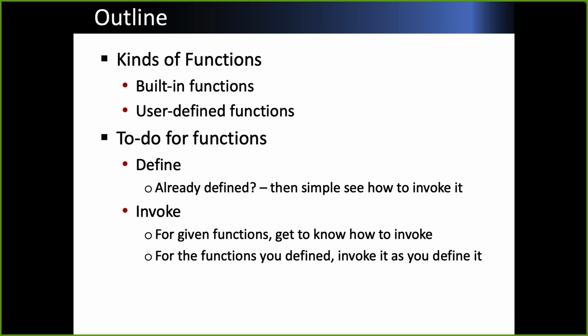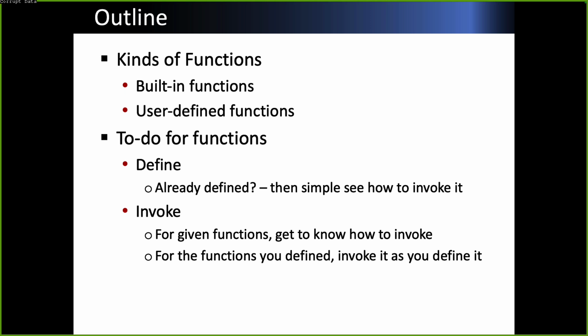So now, remember that when we invoke a built-in function, then we have to look at the libraries, the so-called API, application programming interface. So how the function can interact with you when you invoke it.